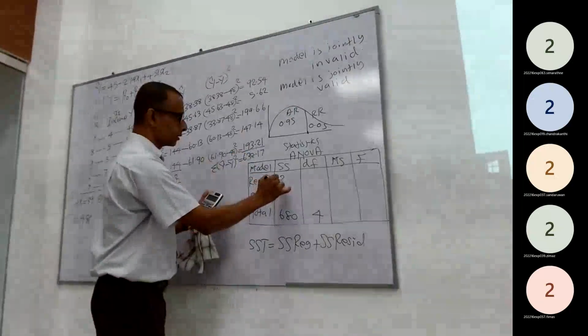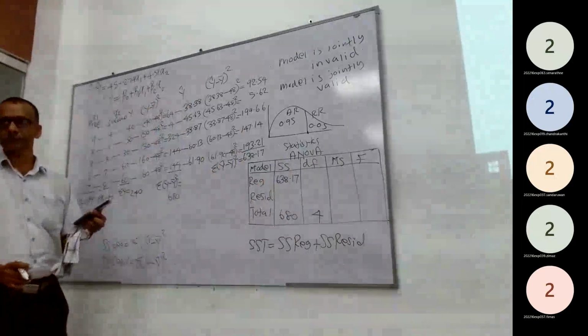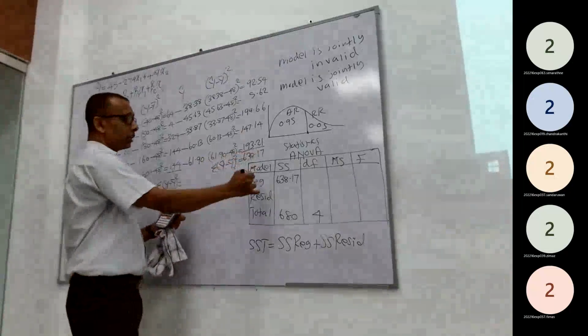Here I write 638.17. That is the sum of squares due to regression.